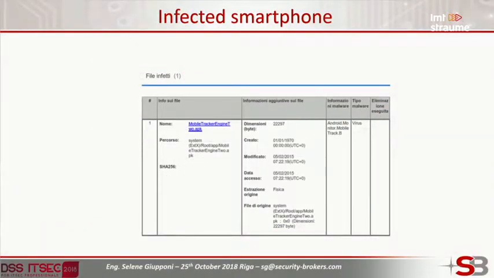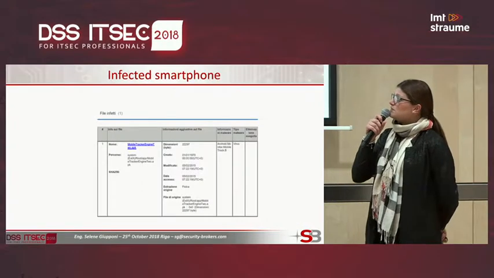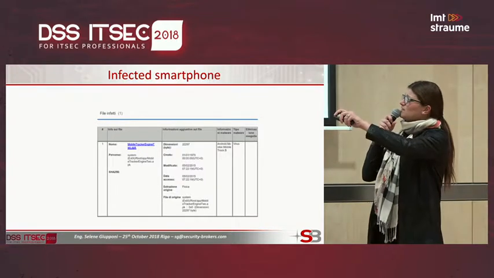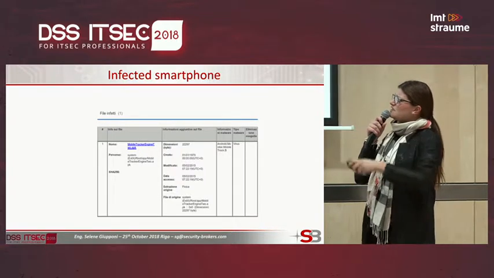For example, you have to check that the real creation date is 1970. It's 1970, so it's fake, obviously. But we can have these kinds of strange dates when we find recovered data, because this is a physical extraction.